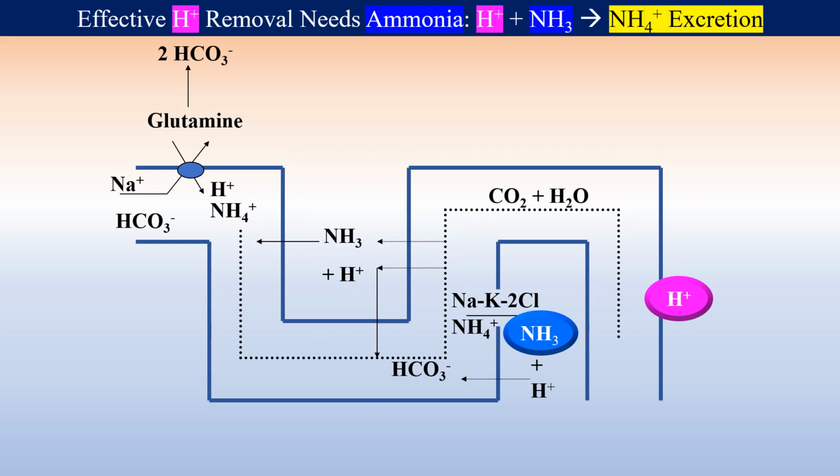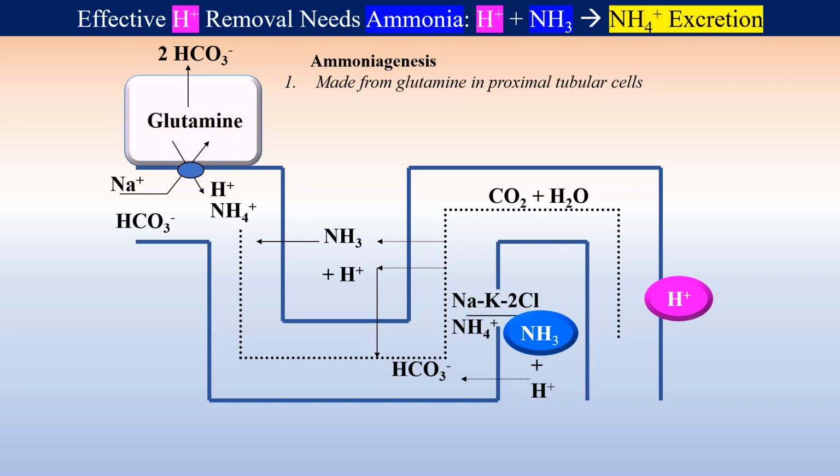Another factor that determines efficient hydrogen secretion is the availability of ammonia. Ammonia, NH3, is needed to buffer and excrete hydrogen secreted by collecting ducts as ammonium, NH4+. Ammonia is made from glutamine in proximal tubules as ammonium.